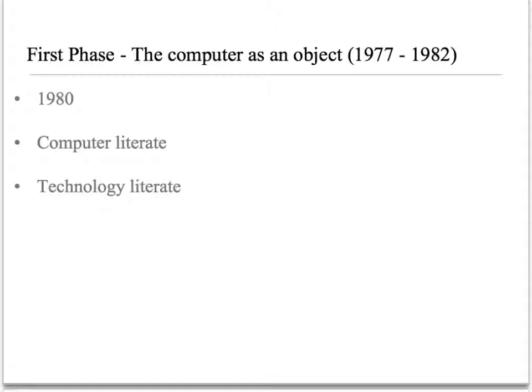In 1980 was the computer's entry into the mainstream classroom, which prompted the creation of new curricula and standards in an effort to help students and teachers become both computer and technology literate. Computer literate means that one has an understanding of computer history, architecture, and terminology. Technology literate means that one has an understanding or a general working knowledge of current technology.